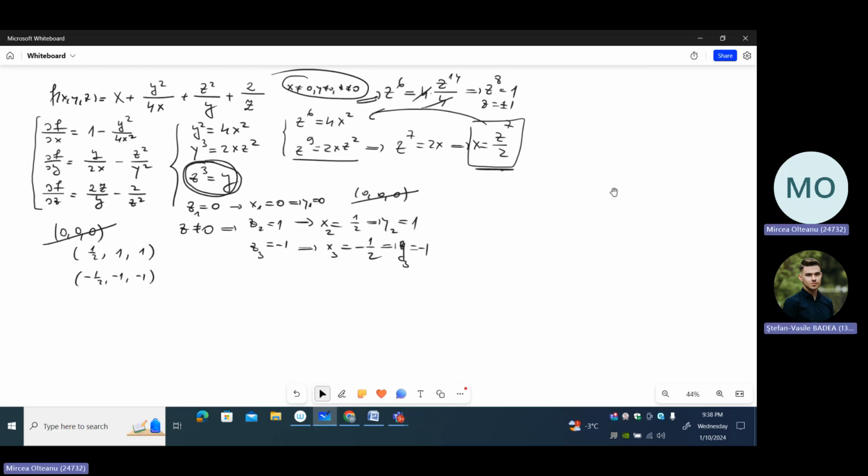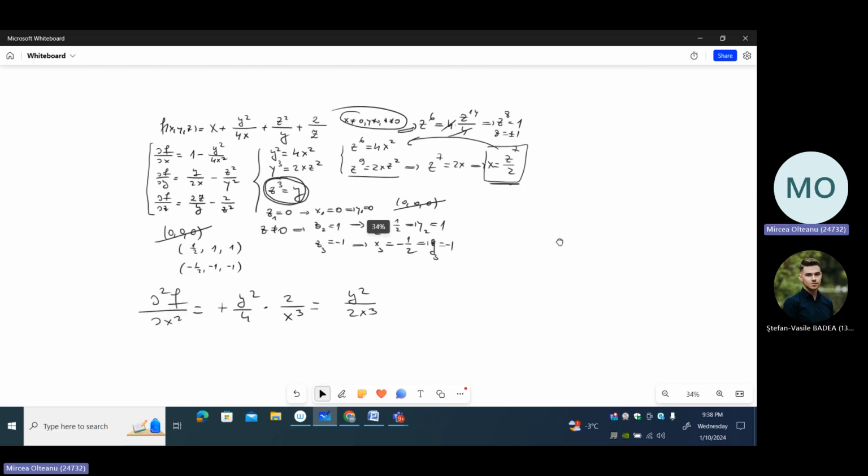Yes. And now we need to work a little bit harder to compute the second order partial derivatives. The second derivative of f with respect to x squared: here this is 0, and here we differentiate with respect to x. It will be minus y squared over 4 times 2 over x to the 3, with a plus, sorry, it was a minus and we have a second minus. So that means y squared over 2x to the 3.